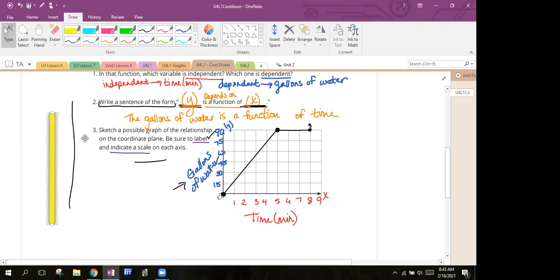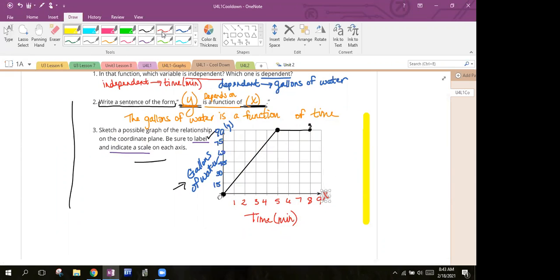If we wanted to test it out, we just have to get our pencil and test it out with our vertical line test. Are all my inputs, do they only have one output? Yes, it does. So it would be considered a function.